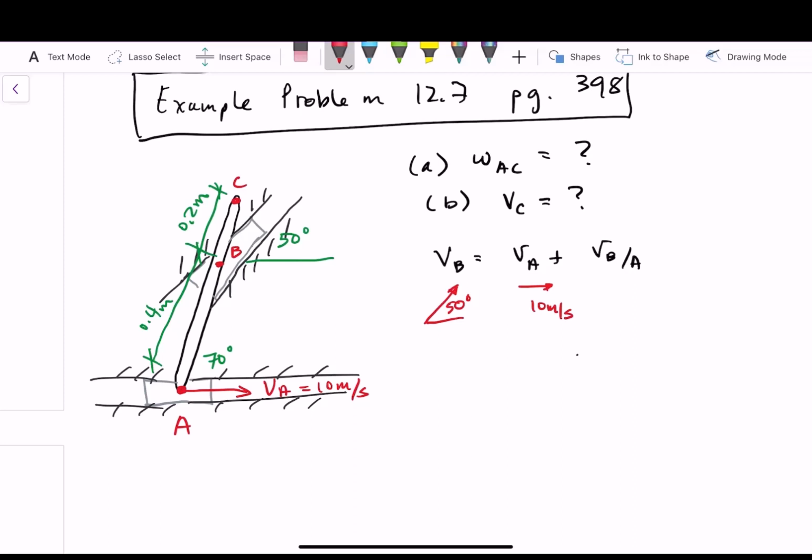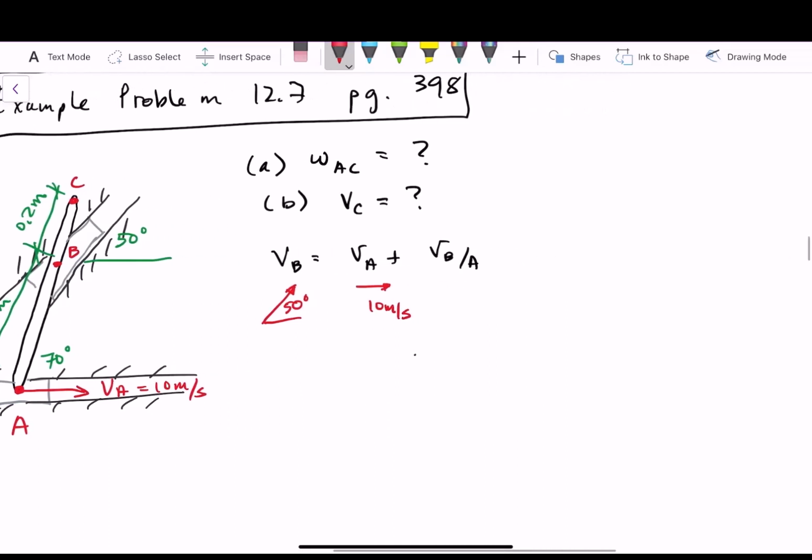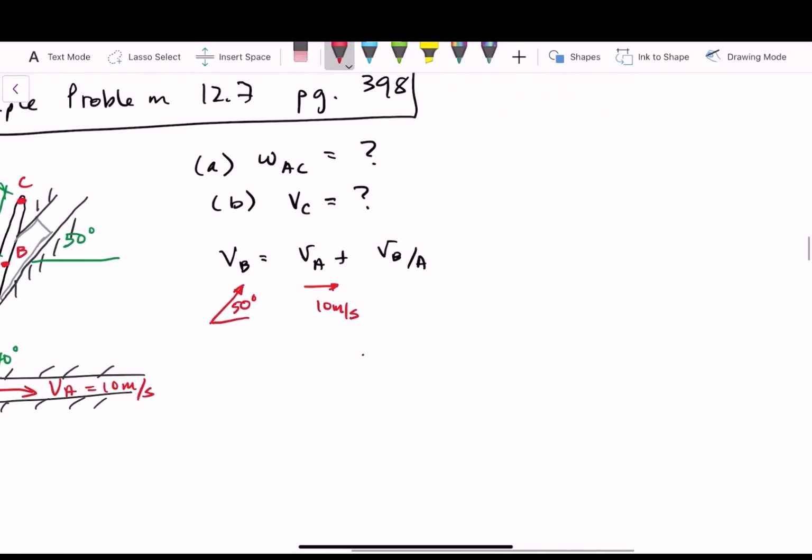Next, we need to know what the velocity of B is with respect to A. Okay, and we're not 100% sure again how to finish that off. So you can either start by drawing out your velocity triangle, or what do we do to figure out the direction of B? Well, we can just redraw that linkage.